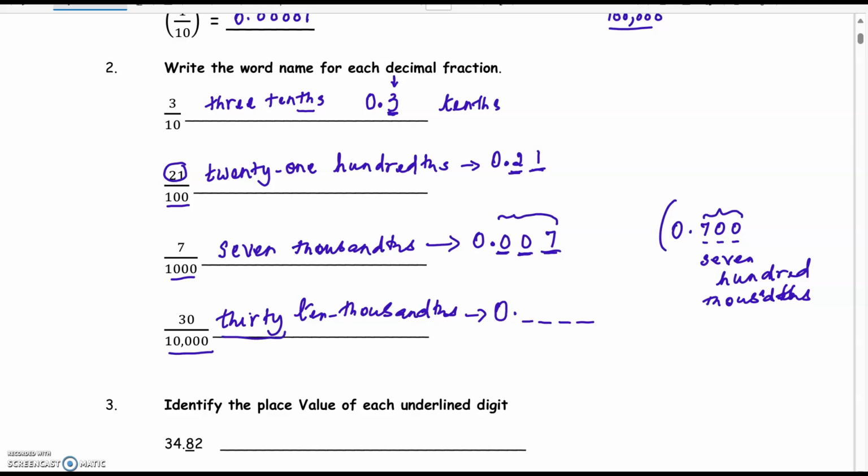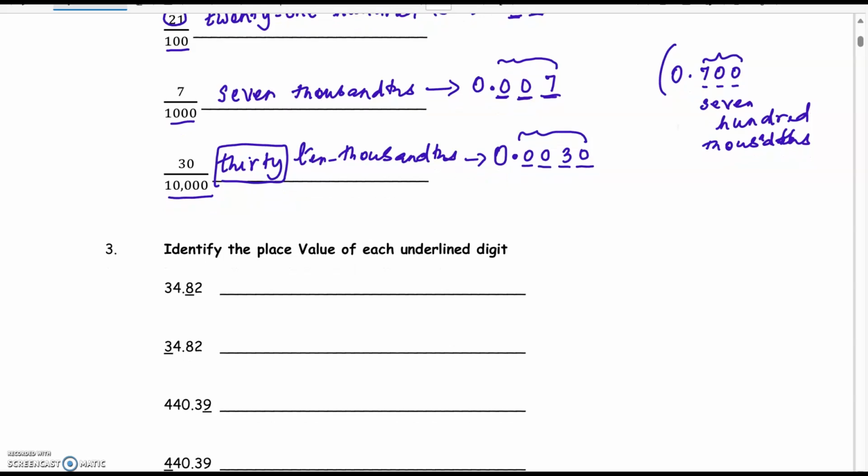And it has to read 30, not 300, not 3000, but 30. And that's the only way we can write a 30 and put the zeros in front. So this is 30. If you look at the number after the decimal point, it reads 30. And ten thousandths because it has 4 decimal place values.